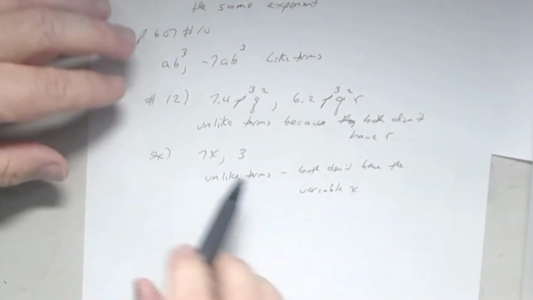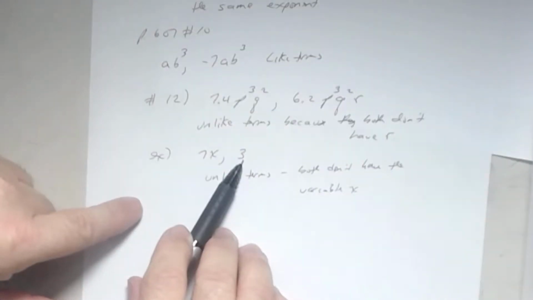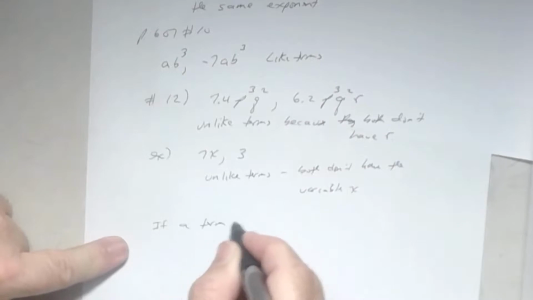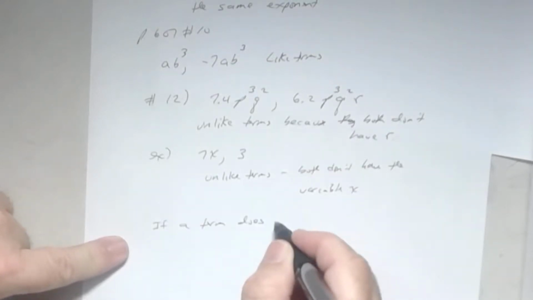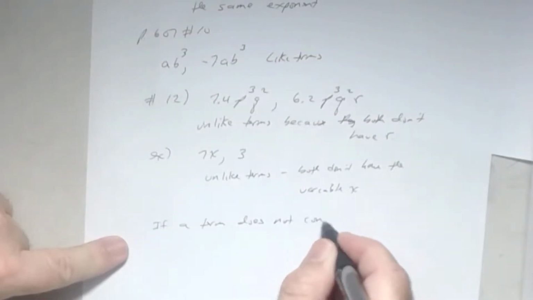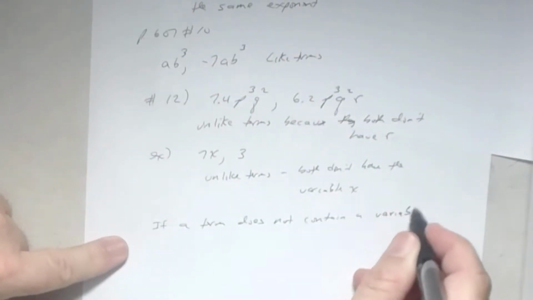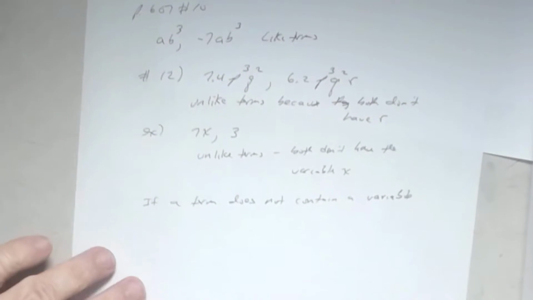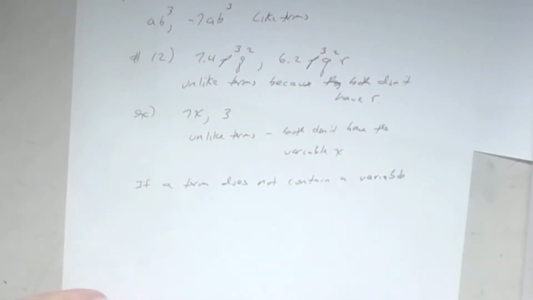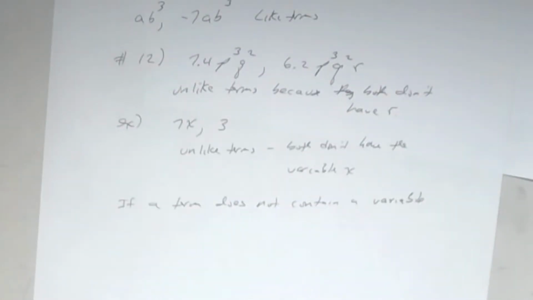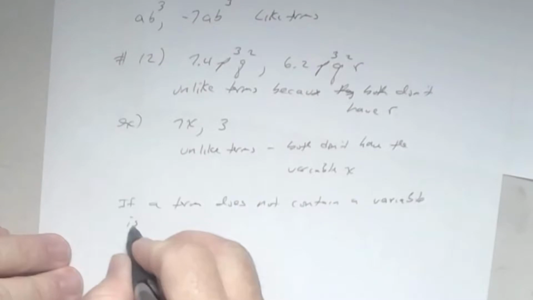Okay, now, see this 3 right here that doesn't have a variable with it? Let me just remind you about this. If a term does not contain a variable, it is called a constant.